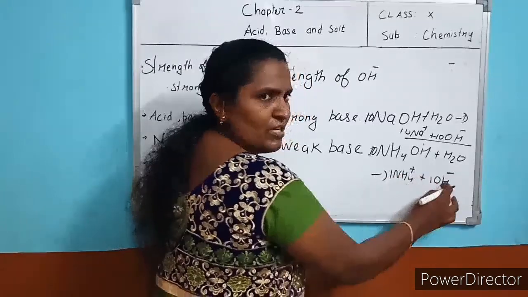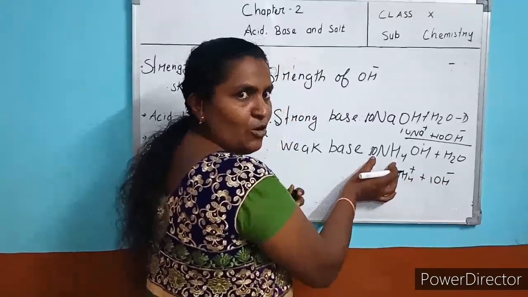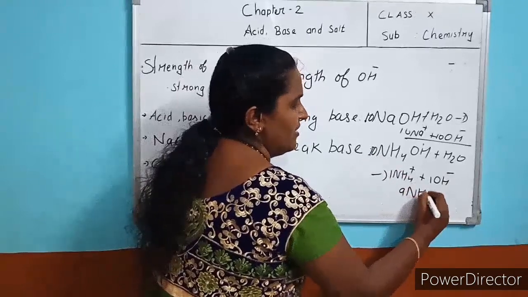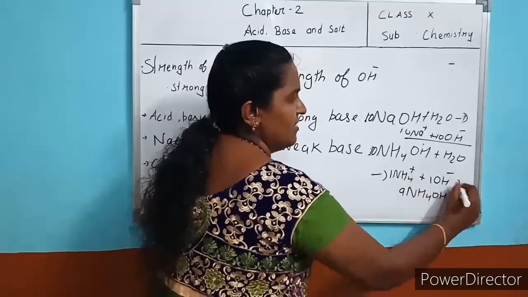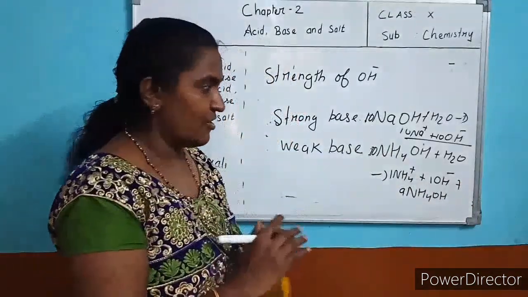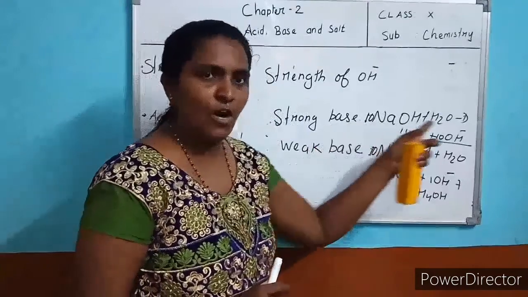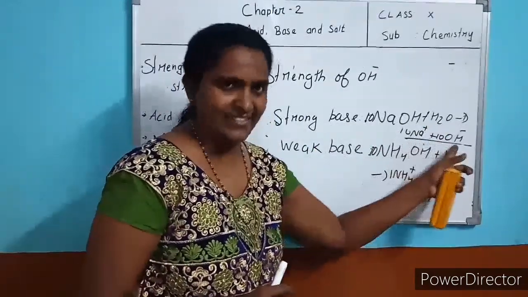Only 1 molecule dissociates. The rest, how many molecules are there? 9 molecules of NH4OH remain. So a strong base in water produces only ions.